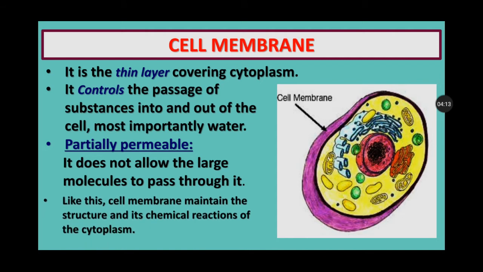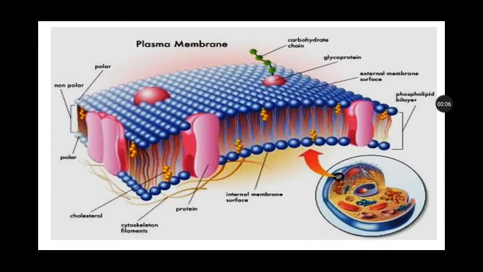Because of its partially permeable characteristics, cell membrane maintains the structure of the cell and the chemical reactions of the cytoplasm. All the biochemical reactions that are happening in the cytoplasm of the animal cells are maintained.